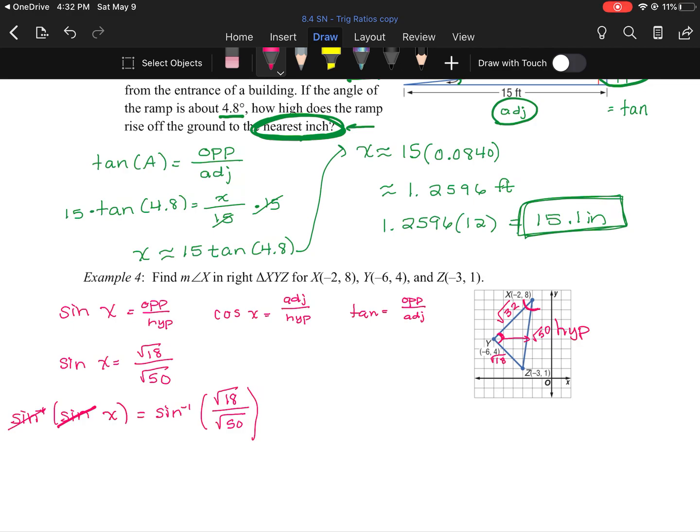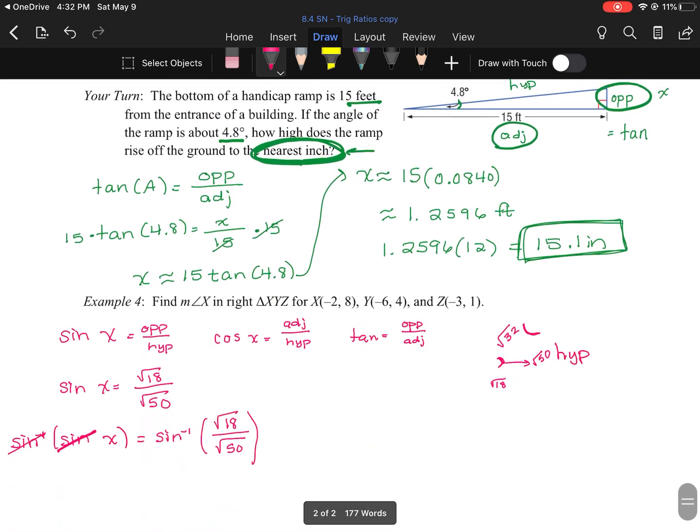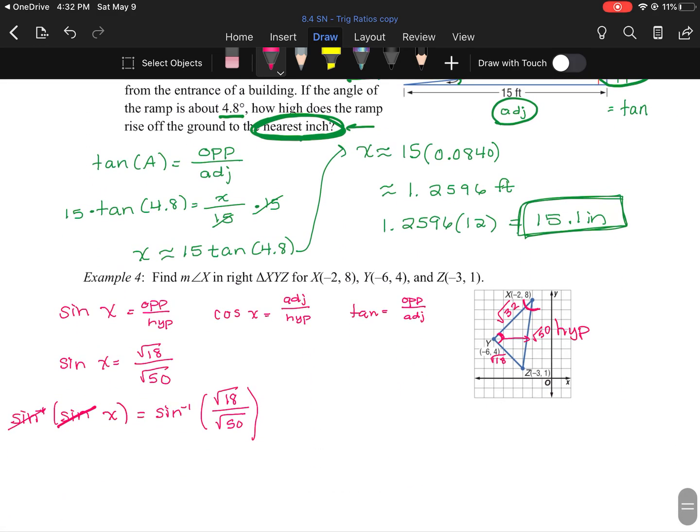50. So if you look at your calculator, the sine inverse button is the same button as sine, but you have to hit second sine. So all you have to do to figure this out is do it in the calculator.